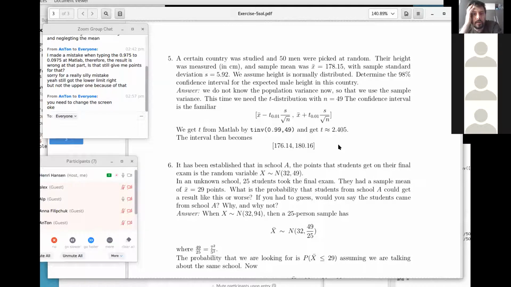Okay, so understand that when you need to use the t distribution, you will get a wider confidence interval. And it's not wider only because if you have a smaller n, this divisor here is smaller, but also because this comes from a distribution that is wider.